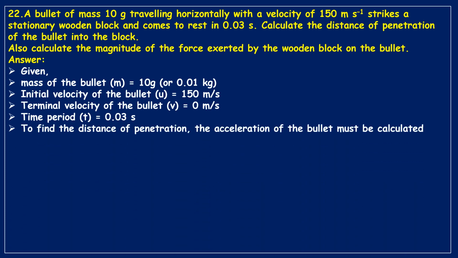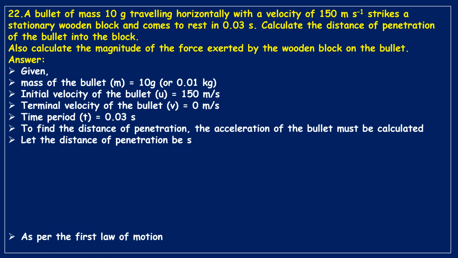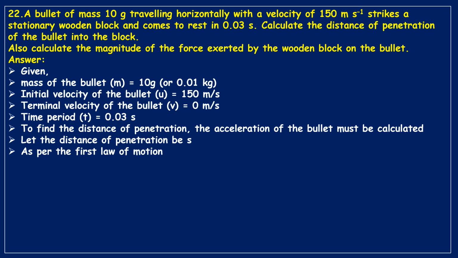Now to find the distance of penetration, that means how much distance traveled by the bullet into the wooden block, the acceleration of the bullet must be calculated by using the formula, right? Let the distance of the penetration be s. As per the first law of motion, v equal to u plus at. V, that is final velocity, is 0.